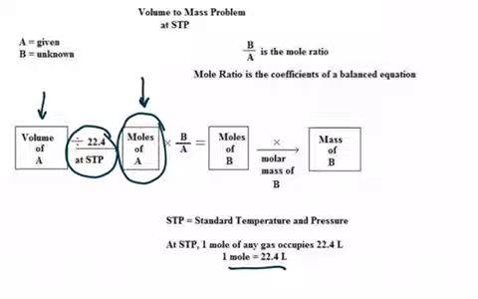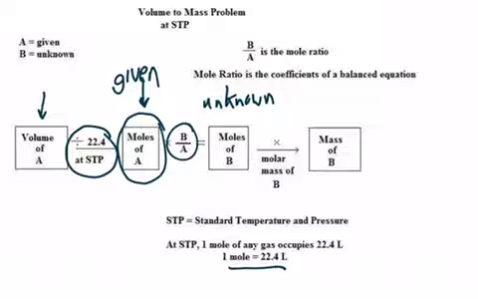Once we want to transition from the given to the unknown, we're going to multiply by the mole ratio, and that'll get us to moles of the unknown, which is B. And then we're going to do the opposite here. To go from moles to mass, we're going to multiply this time by the molar mass of B. Now remember, do not use coefficients when you're calculating the molar mass.